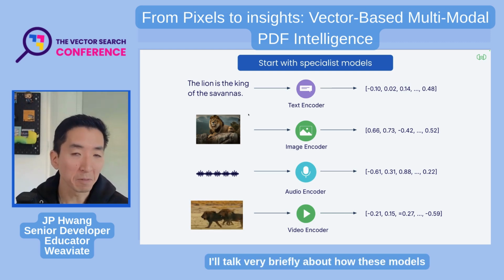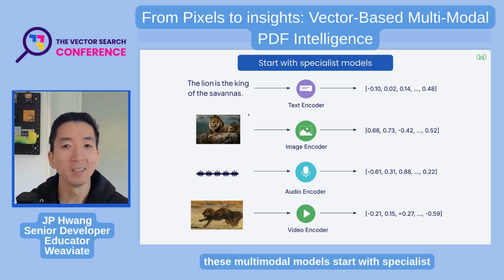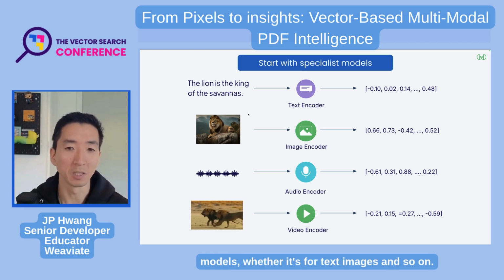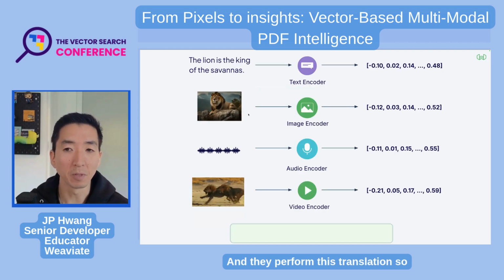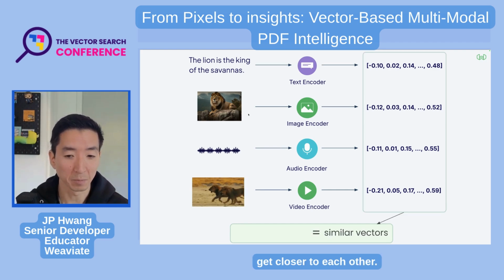I'll talk very briefly about how these models work. Basically, all of these multimodal models start with specialist models, whether it's for text, images, and so on. And they perform this translation so that similar concepts, regardless of modalities, get closer to each other.